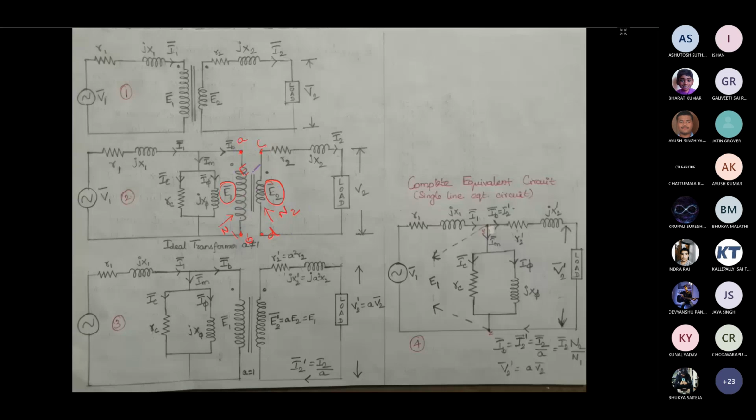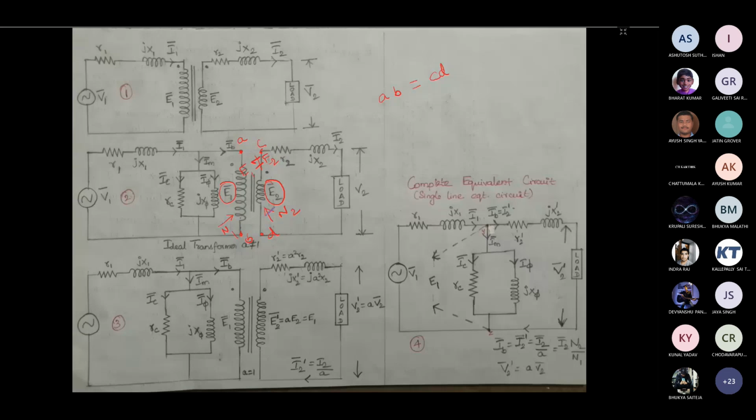Here E1 is not equal to E2, because of the winding, the EMF induced is not the same. If I somehow make the voltage across terminals A and B equal to the voltage across terminals C and D, then it is possible for me to link these terminals.